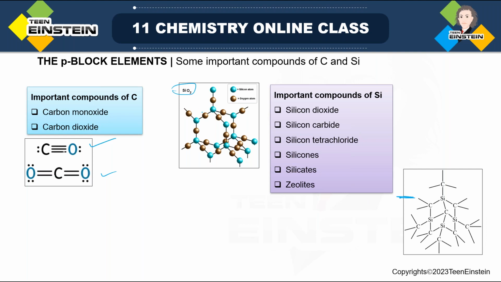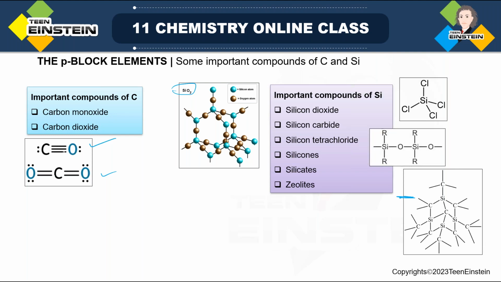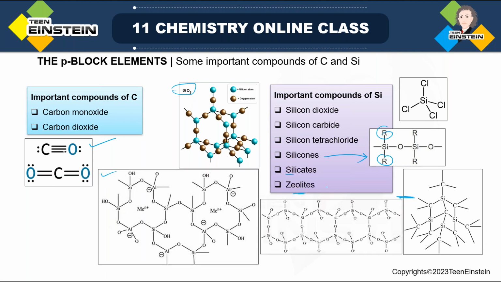Then we have silicon tetrachloride. Now this is simpler, SiCl4, and then we have silicones. As you can see, some alkyl groups are also attached to silicon. Then we have silicate and zeolite. For silicate, as you can see, only one structure is shown, but it is not limited to one structure.